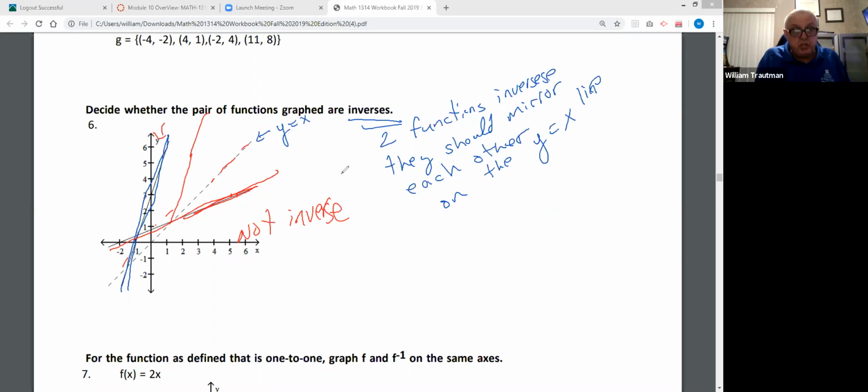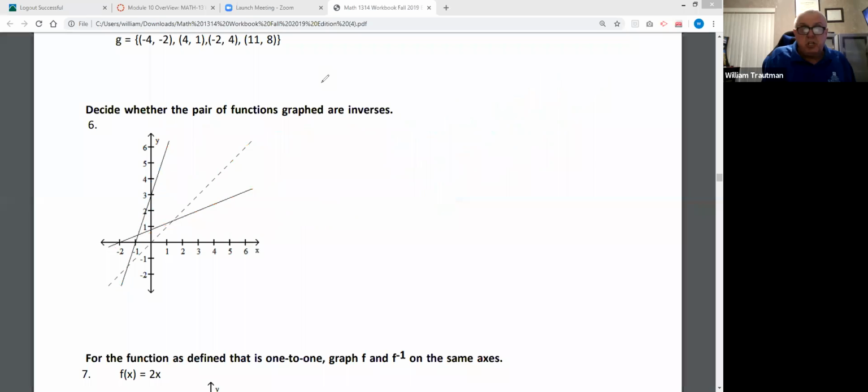And I'm going to show you what I mean by mirror image in a second. So we're going to find one that's an inverse. Let me show you. If I drew a graph, here is my y equals x line. Let's draw it in purple.